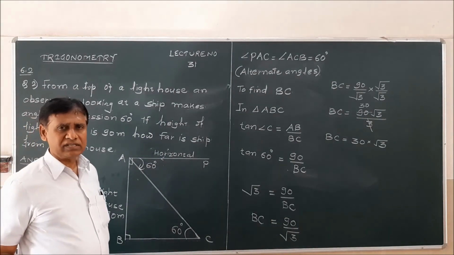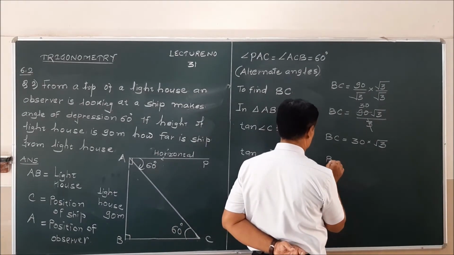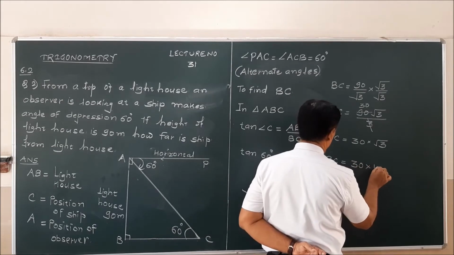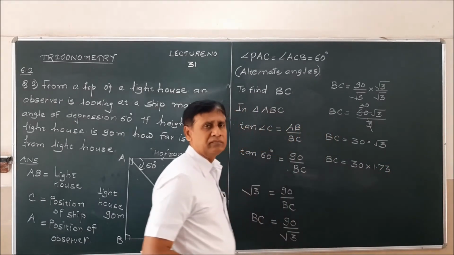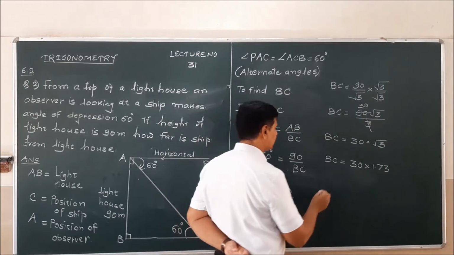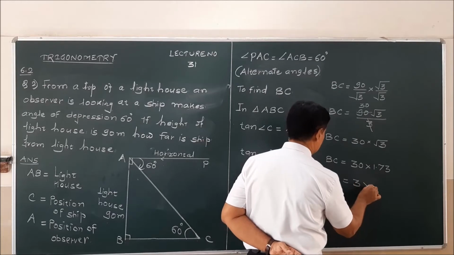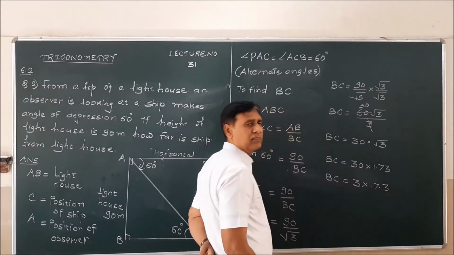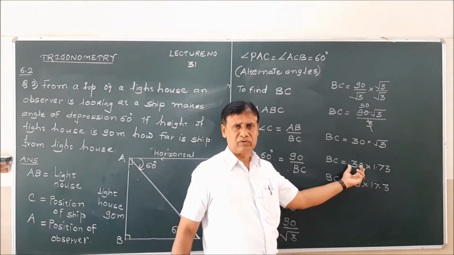Now value of root 3 is given as 1.73. So BC is equal to 30 into 1.73. Be careful now. So BC is equal to 3 into 17.3. 30 is nothing but 10 into 3.